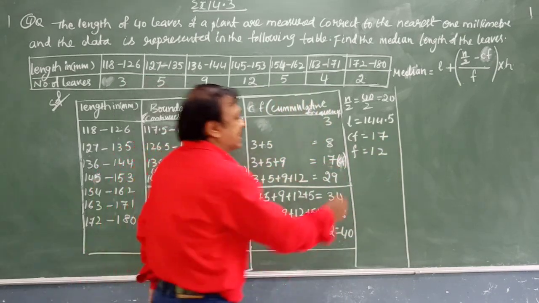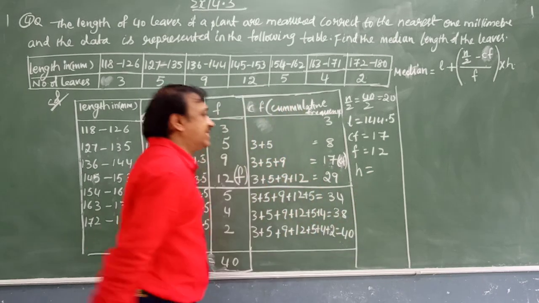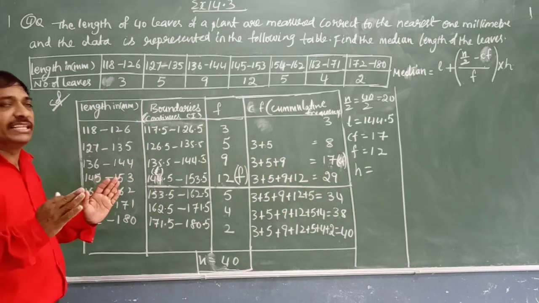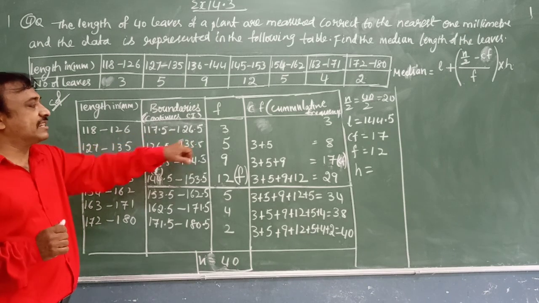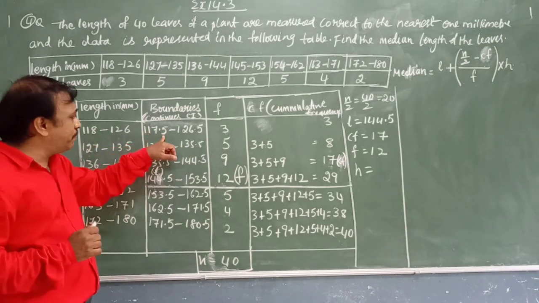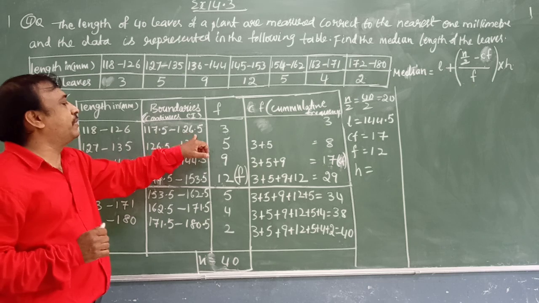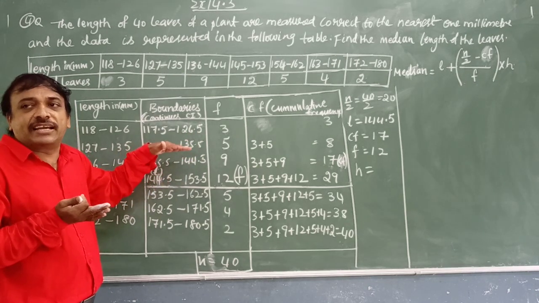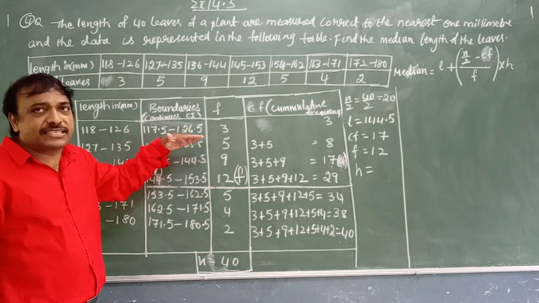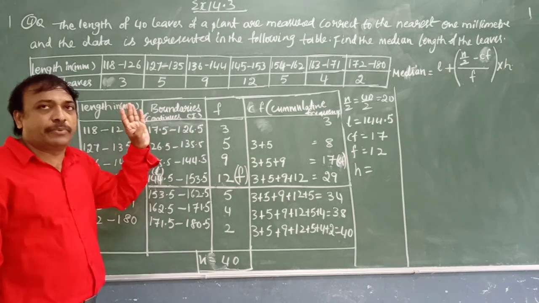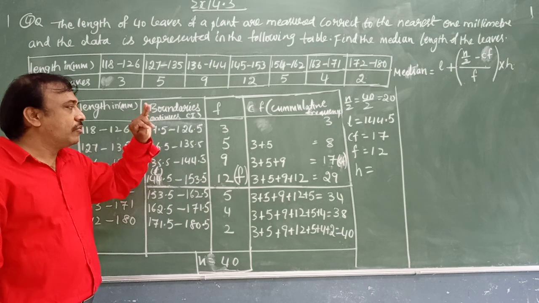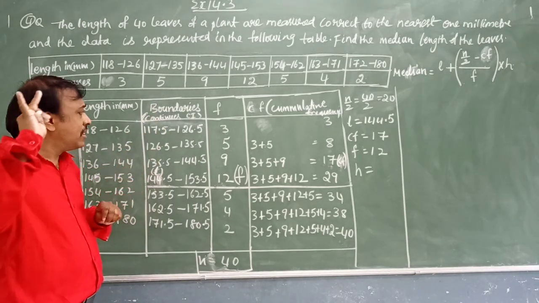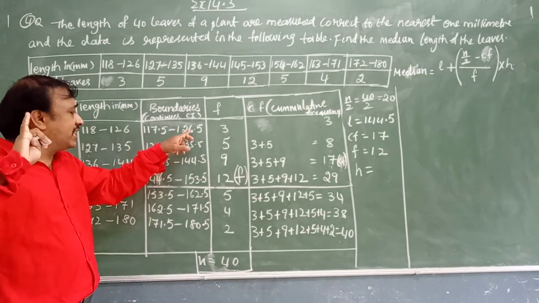Now H, the class size. This is continuous class interval data, so 117.5 to 126.5. Is the class size 10 or 9? 9 is the class size: 117.5, 118, 119, 120, 121, 122, 123, 124, 125, because 126 we will not include.